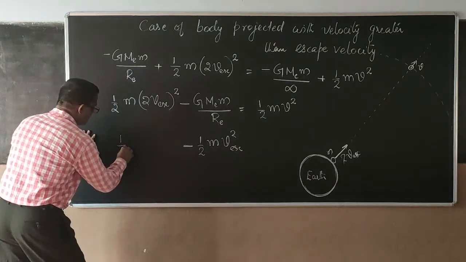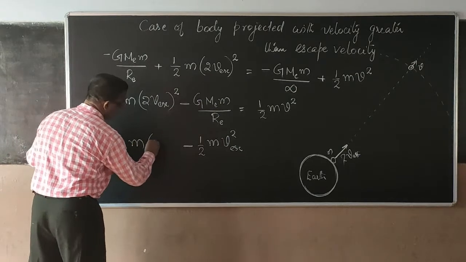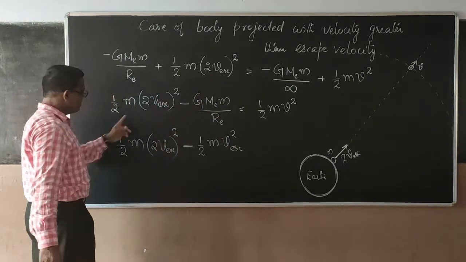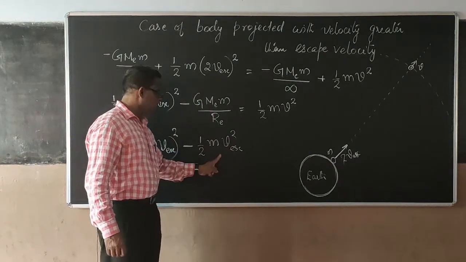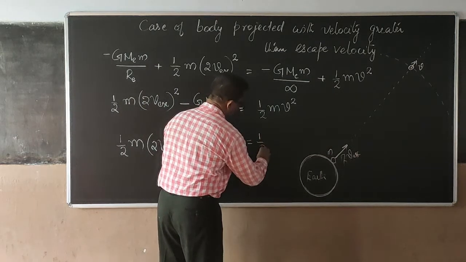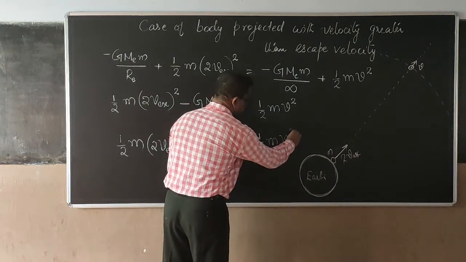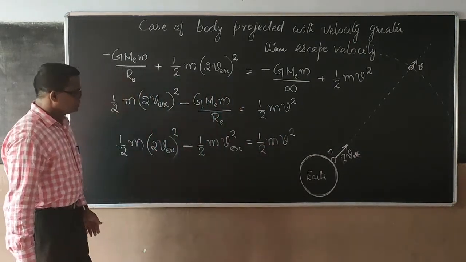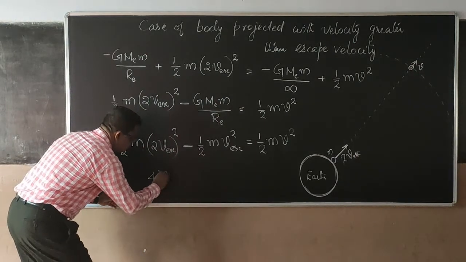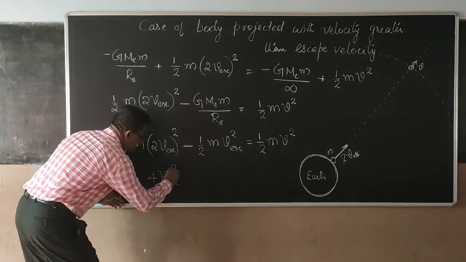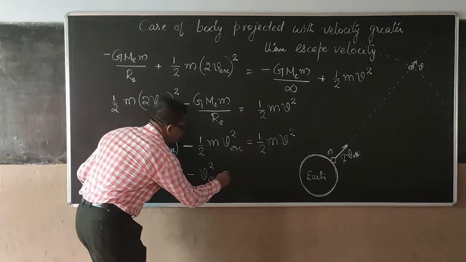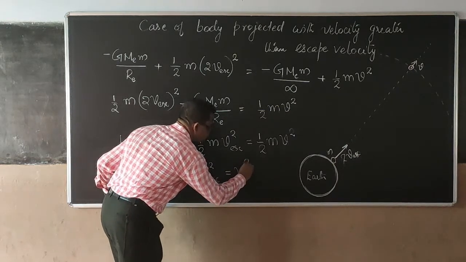Then this will be half m into (2 v escape) squared minus half m v escape squared equal to half m v squared. And from here you get 4 v escape squared minus v escape squared equal to v squared.